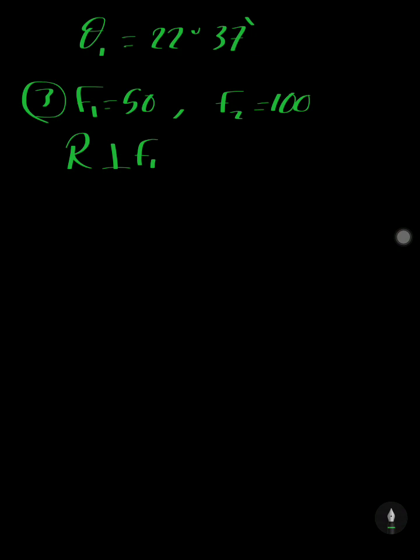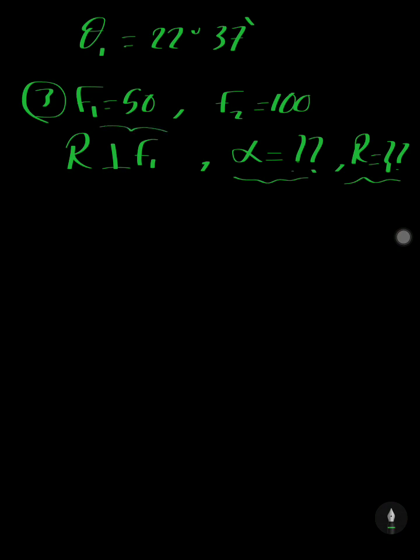Find the measure of the angle included between the two forces, denoted by alpha. And also we want to find the resultant. Now we have two requirements: the first one is alpha and the second one is the resultant.